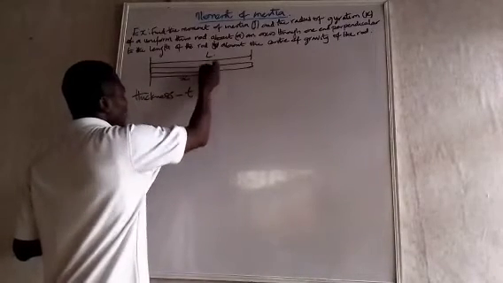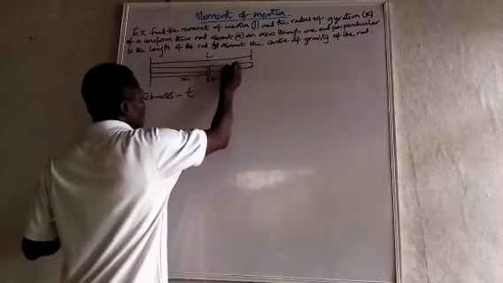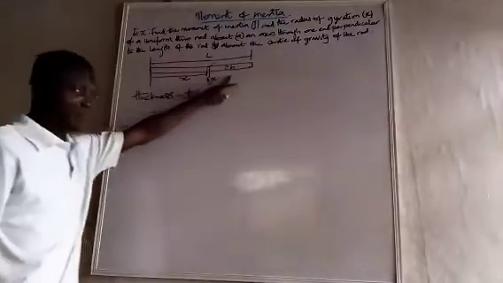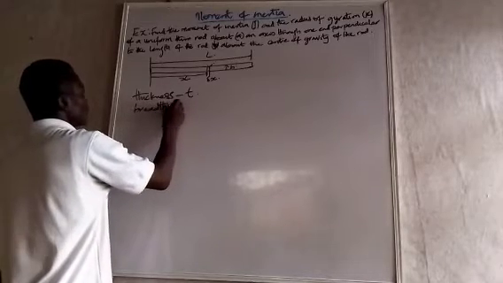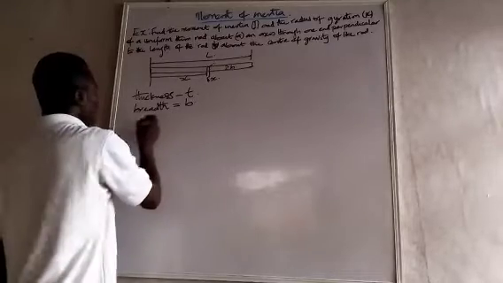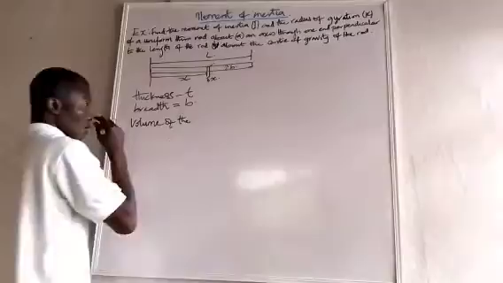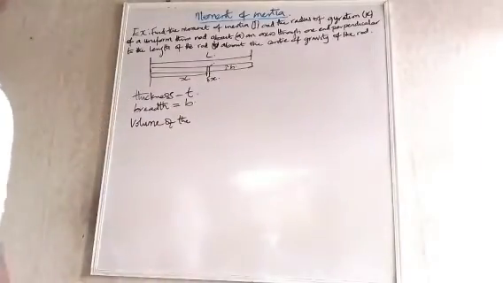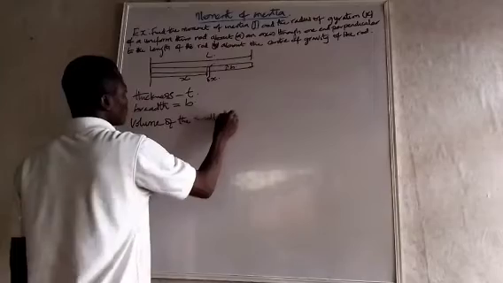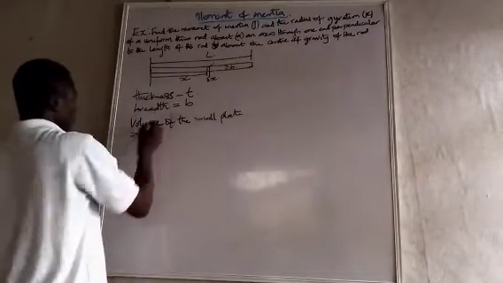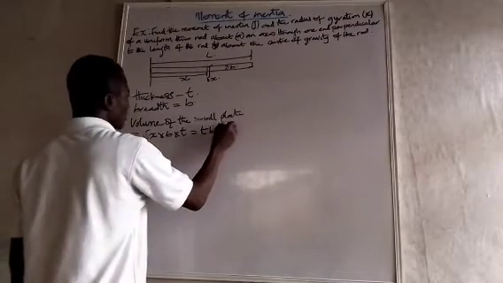What is the area of this place? Let's call the breadth b. So breadth is equal to b. So the volume of the small plate will be equal to delta x times b times t, which is bt delta x.